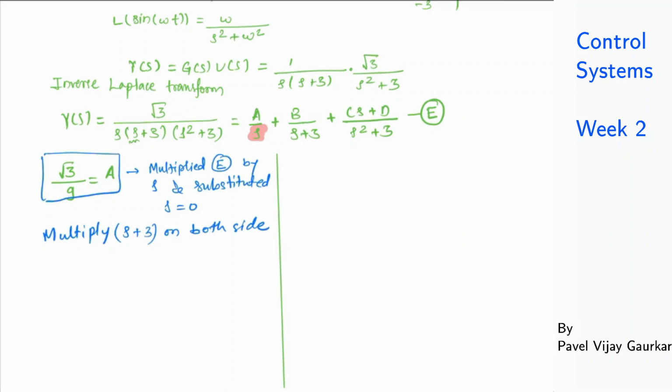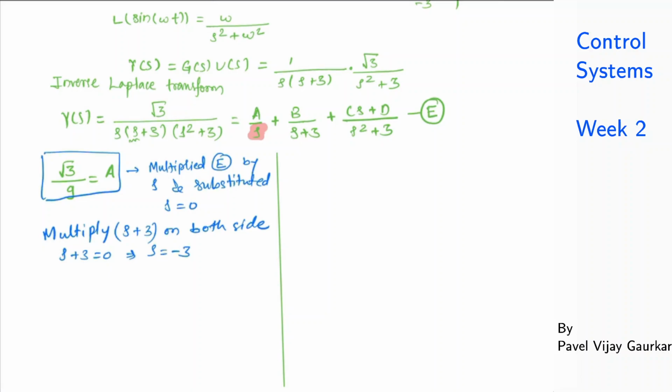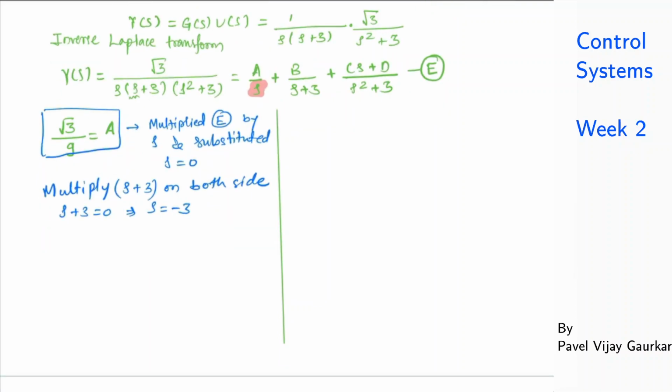When we multiply by s plus 3, this s plus 3 would get cancelled, and then we'll be substituting s plus 3 equal to 0, that is s equal to minus 3. Let us work on this side.